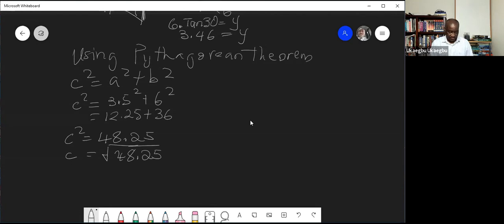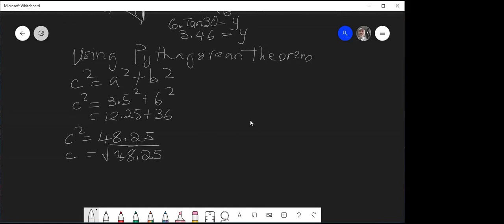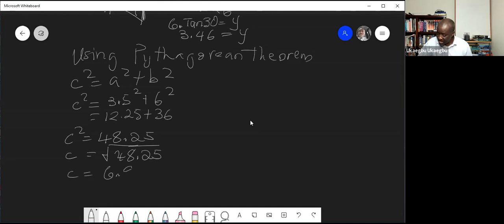Yeah, 6.9. Basically 7. All right. So C is 6.9 miles. So if this person is looking at an angle of 120 degrees, he is going to see the plane at a distance of 6.9.